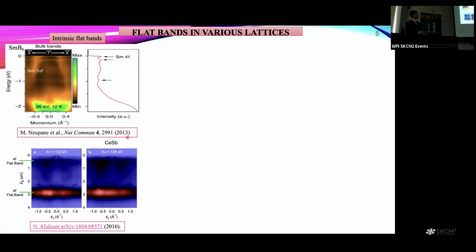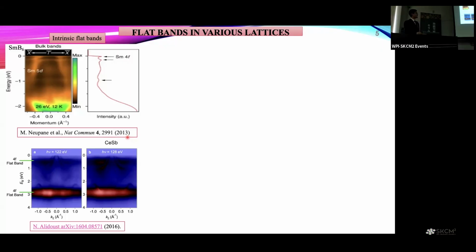What it does is this samarium 4F actually forms a Kondo singlet with the conduction electrons, and it plays a very important role in the resistivity because at high temperature it's a bad metal, but at low temperature the resistivity increases, and people have predicted that at low temperature where the resistivity saturates, it also hosts exotic topological surface states. So the flat 4F bands play a very important role in the exotic physics in the system.